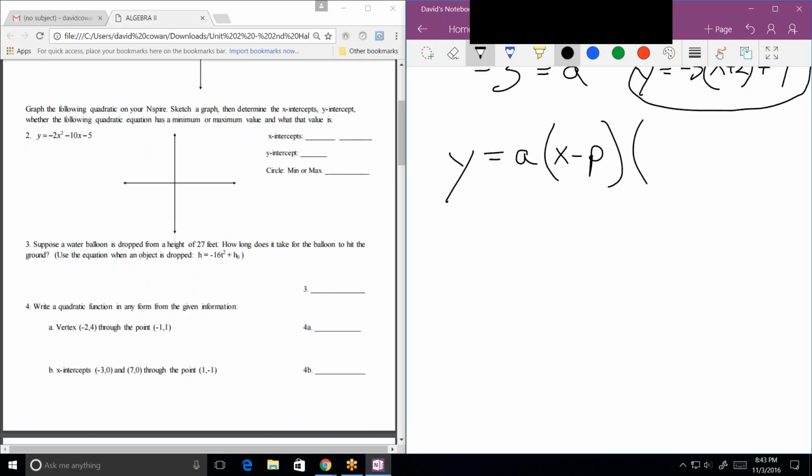And they use P and Q here, P and Q being the X-intercepts. Okay, well, they gave them to us. So how much of this equation can I write? You can write y equals a times x plus 3, and then that's times x minus 7.